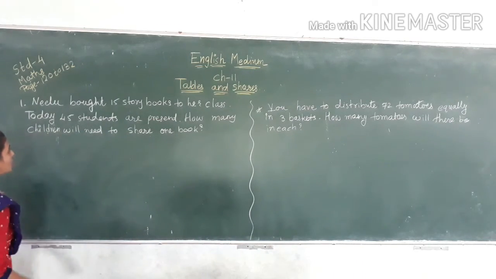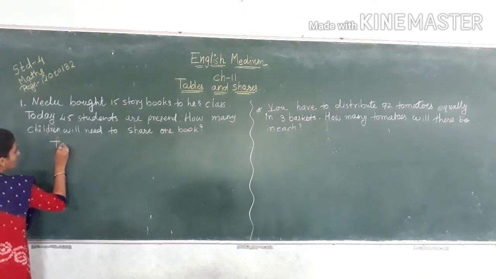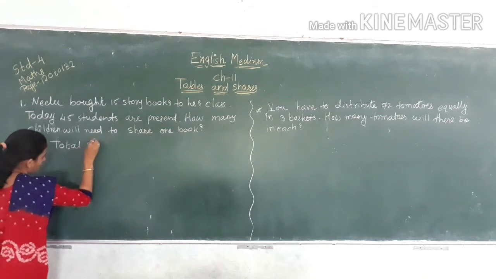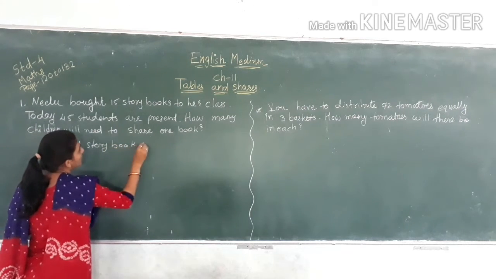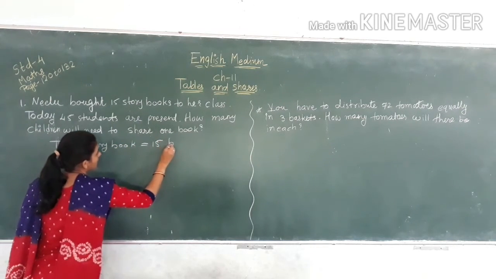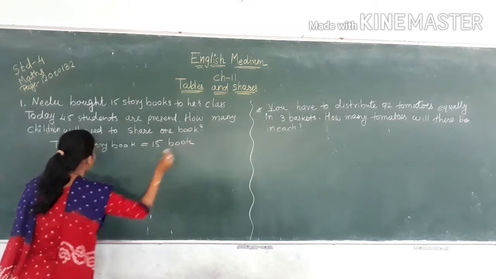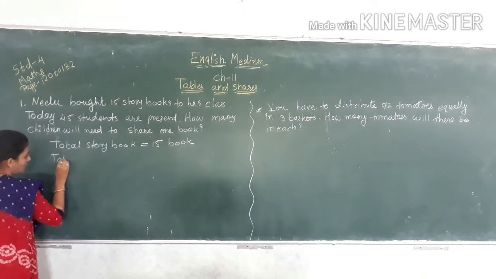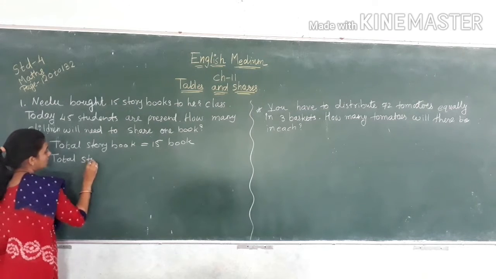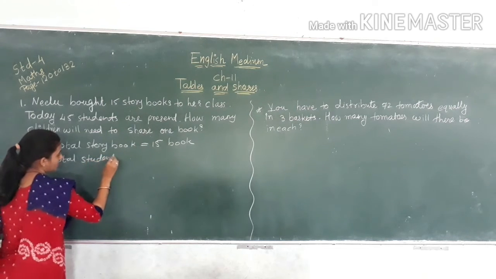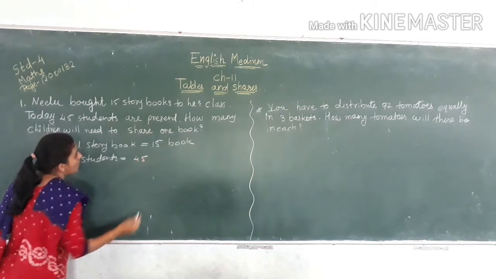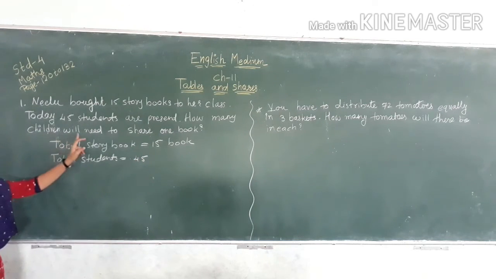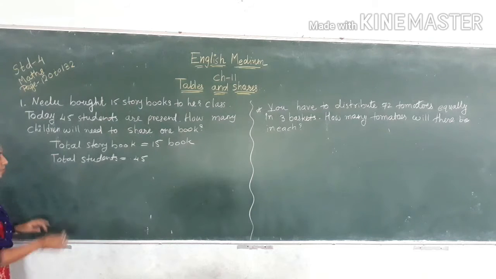So, the total storybooks are 15. Total students is equal to 45. Now, how many children will need to share one book?